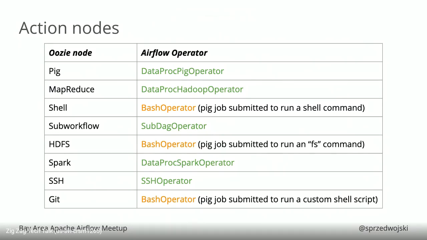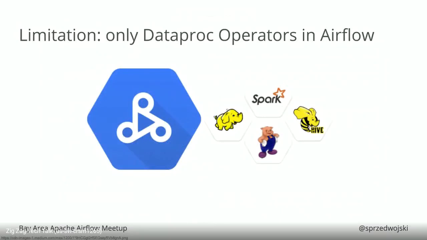Looking at this, you might notice that there is some sort of limitation here, that we only support the Dataproc Hadoop installation for now. That's a conscious decision, because in Airflow currently there are no generic Hadoop operators. So we decided to just use what's ready and available, and there are actually many Dataproc operators.